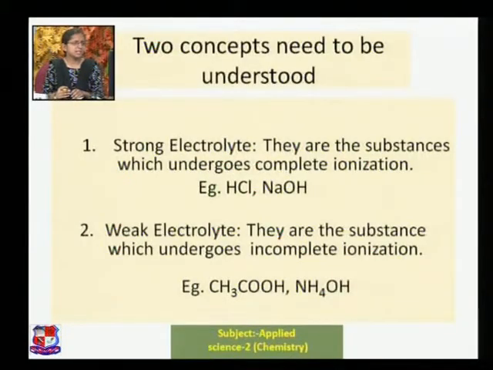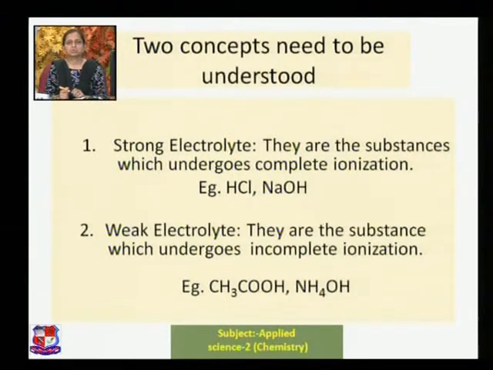Two concepts need to be understood: strong electrolyte and weak electrolyte. Strong electrolytes are substances which undergo complete ionization. For example, HCl, hydrochloric acid, a strong acid, and NaOH, sodium hydroxide, a strong base.